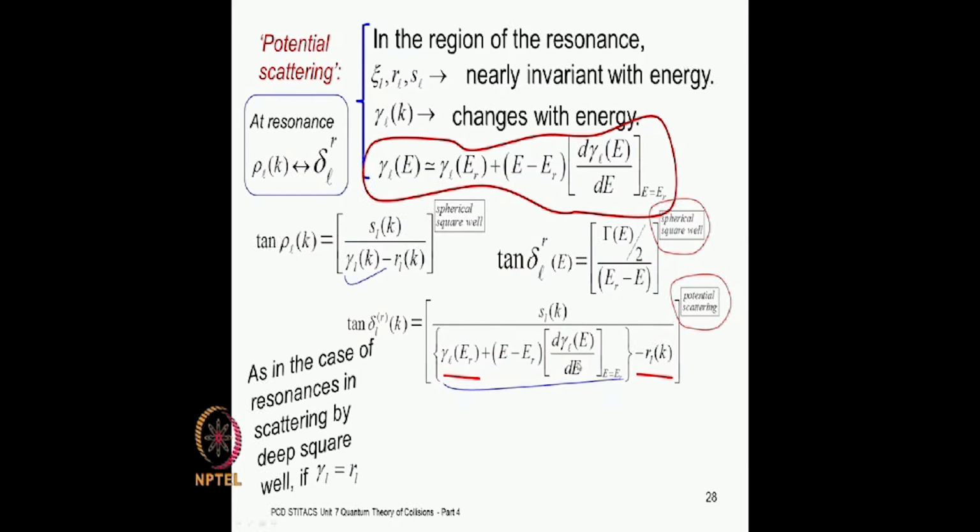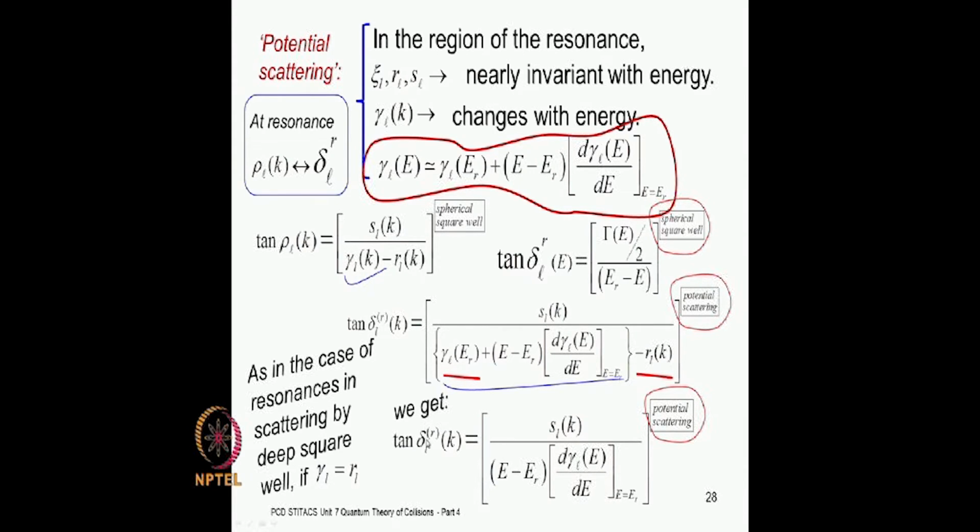So this term becomes equal to this, these two terms would be equal and cancel each other, and you get an effective expression for the tangent of phase shift in which we do not have S and gamma anymore. You do have the derivative of gamma with respect to energy coming from this term, and this is valid for potential scattering, when the scattering potential is something different from the square well potential.